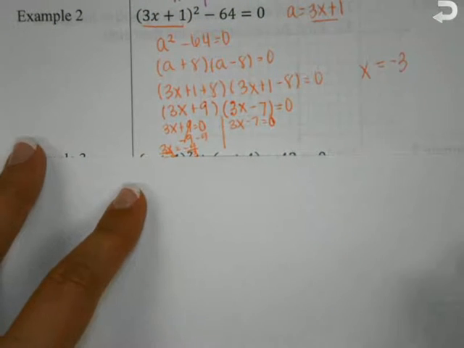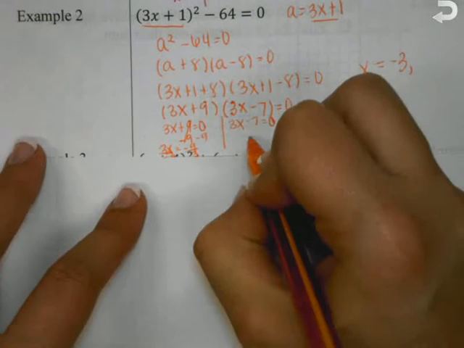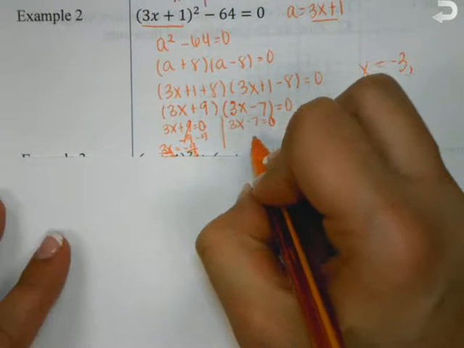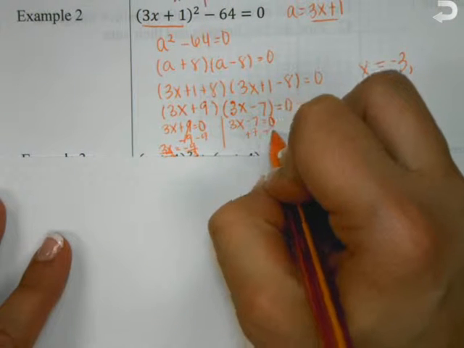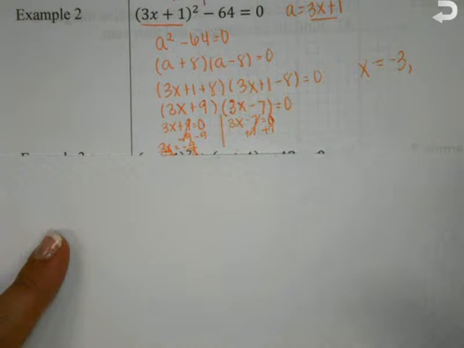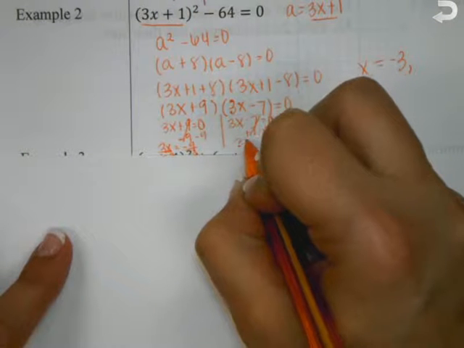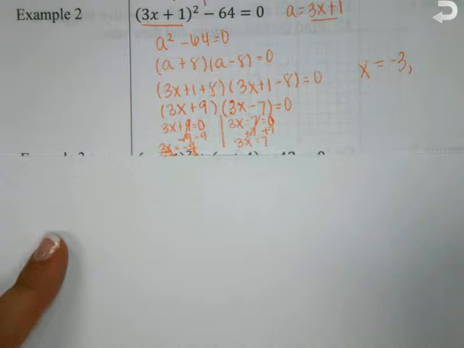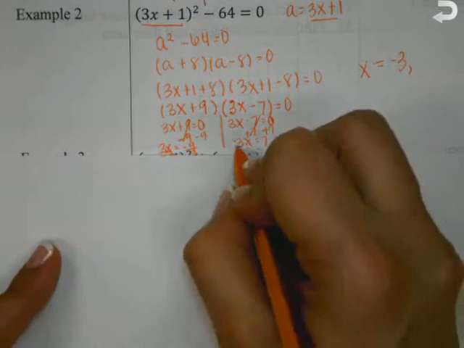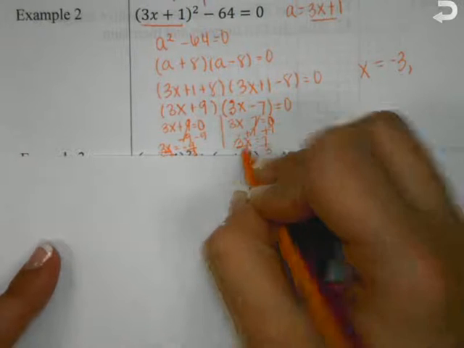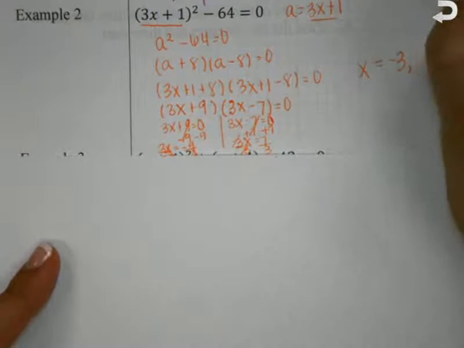And then same thing on the right. Add 7. 3x = 7. Divide both sides by 3. So x also equals 7/3.